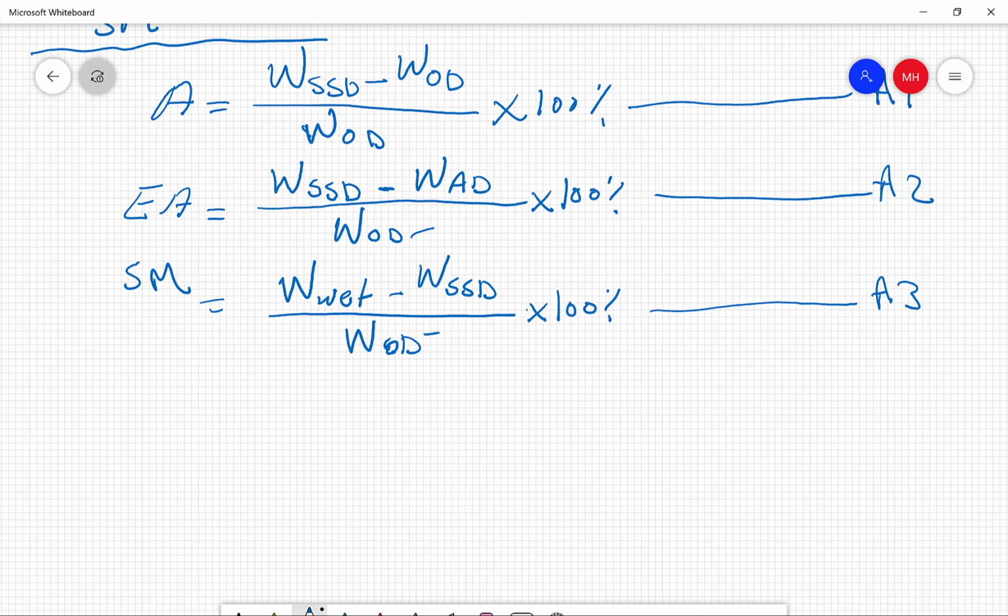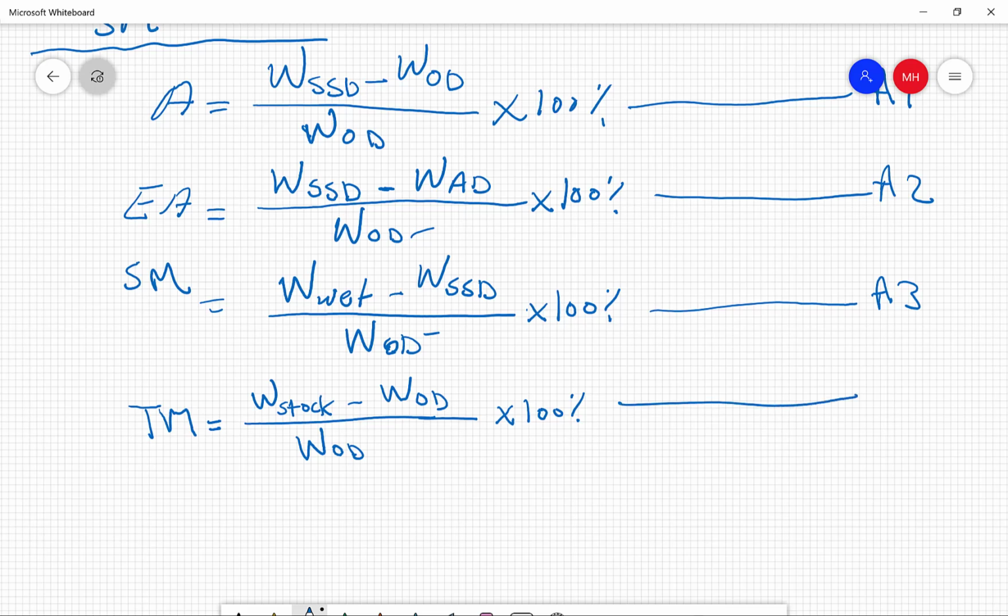We can write it in this condition: total moisture equals the weight in stockpile, remember that, minus the weight in oven dry condition, divided by the weight in oven dry condition, again expressed as a percentage, and this is equation A4.